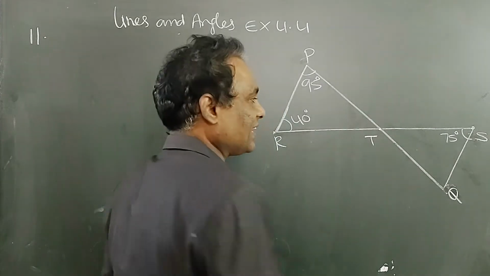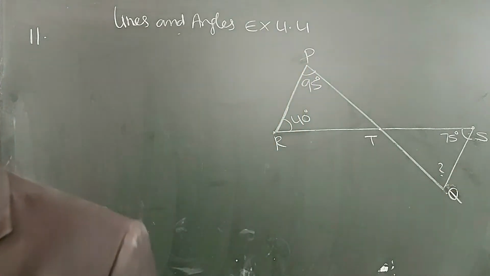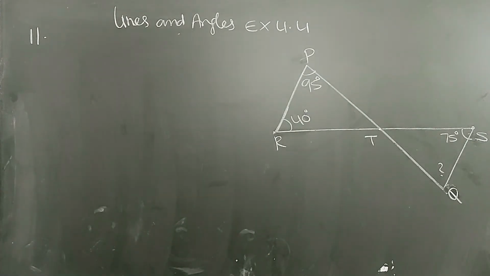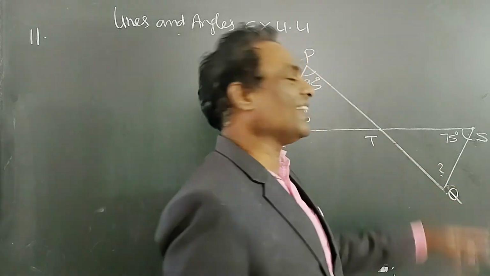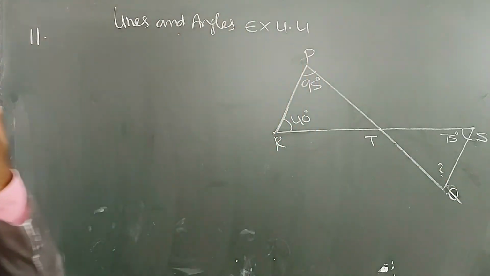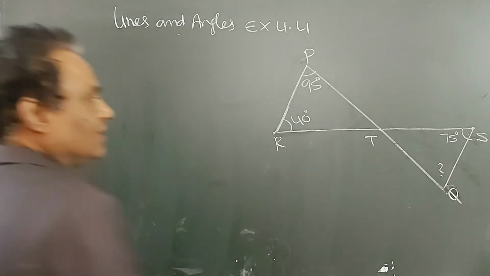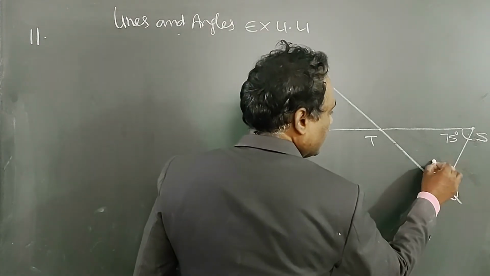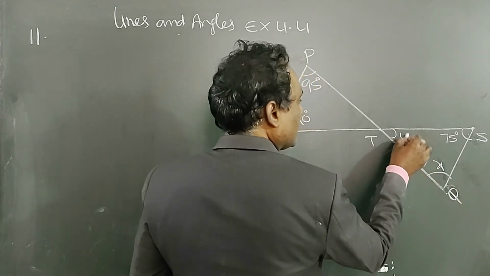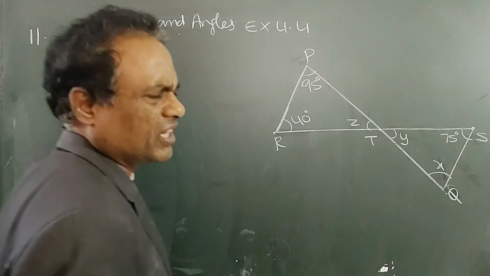This is the given figure and this angle is asked. What is this angle? SQT is asked. Students, I will take it as X and I will take this as Y, say for example this as Z. Just a notation.